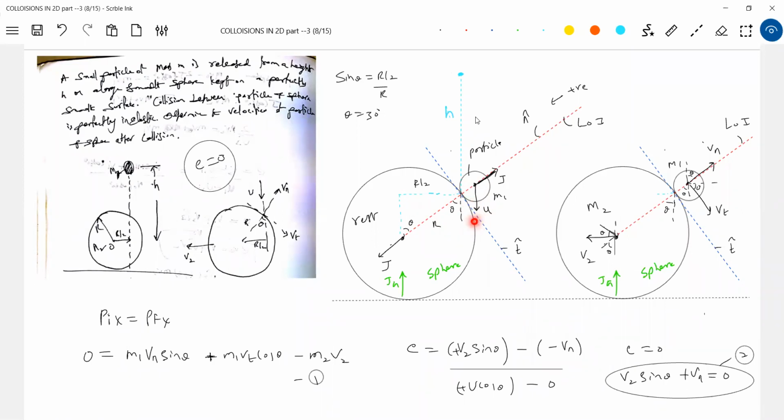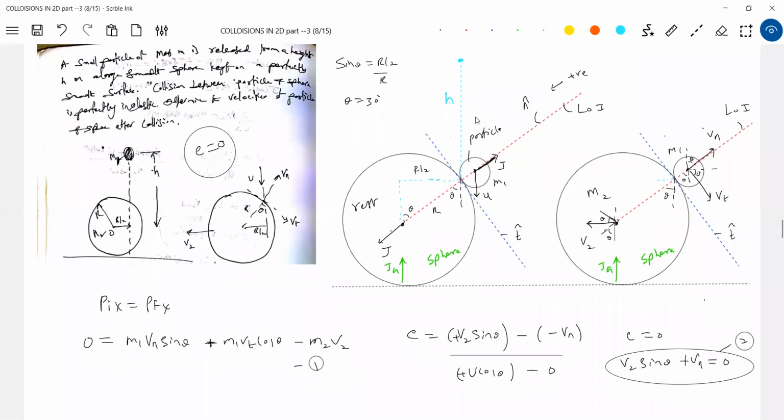So what is the initial velocity along the common tangent? Along t cap, m1 u sin theta should be equal to m1 Vt. U sin theta equal to Vt. And what is u? U should be equal to root of 2gh.